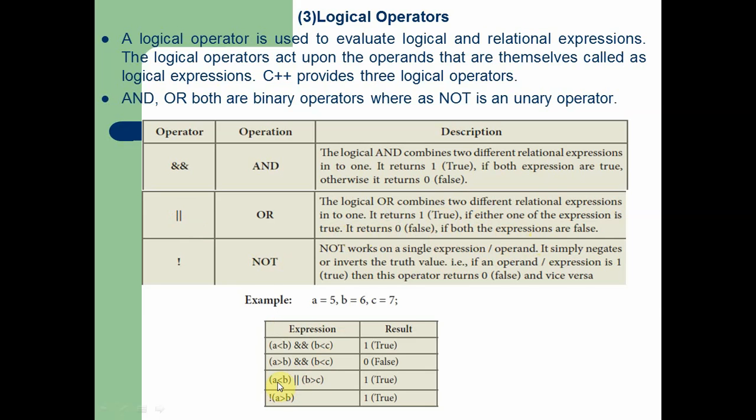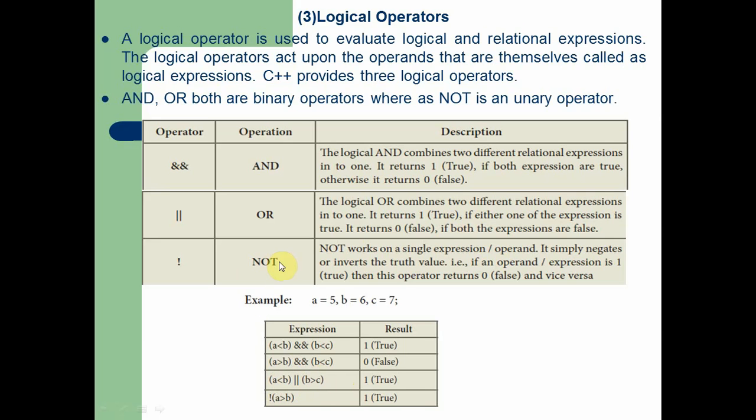This one is expression 1, this is the second expression. So when it checks two expressions, this one is true, this one is false, so that's why it returns true. If any one of the expressions is true, it will return true. This we already discussed in Boolean algebra.